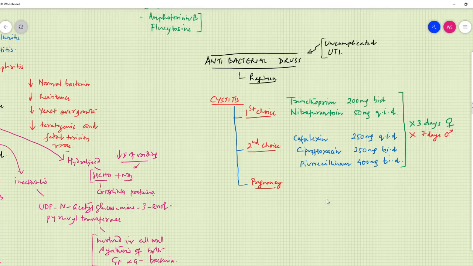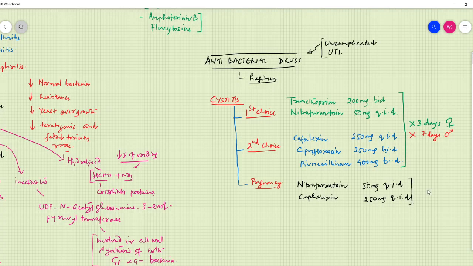So in pregnancy, the drug is nitrofurantoin again, and cephalexin. 50 milligram QID, 4 times a day, and 250 milligrams, again QID.